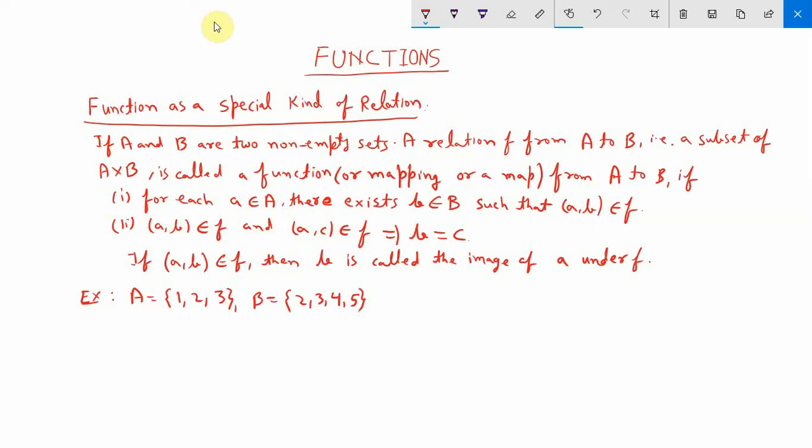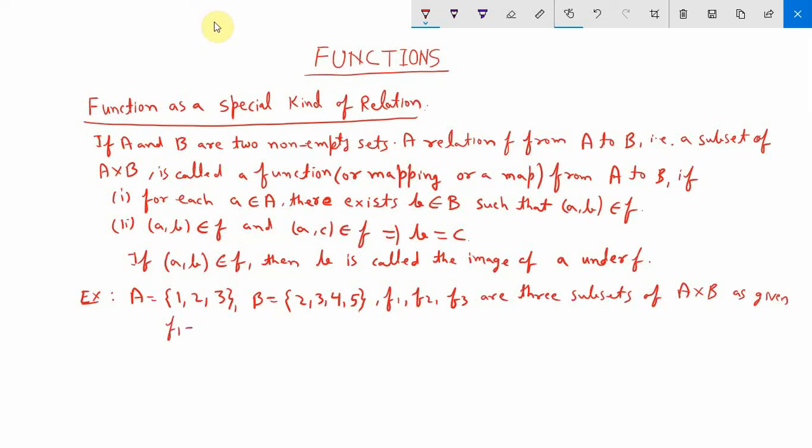Let F1, F2, F3 be three subsets of A into B as given.